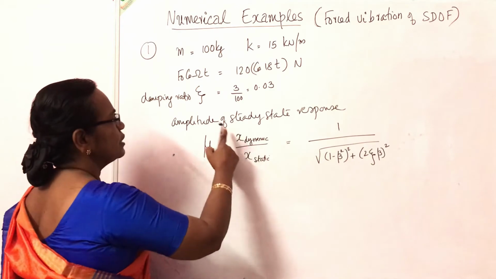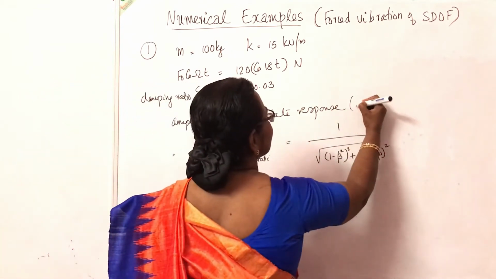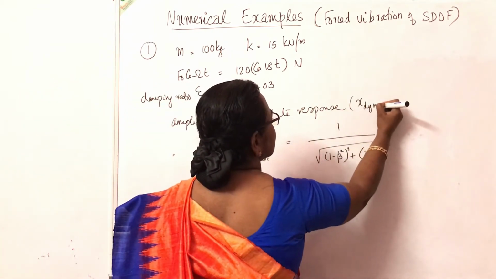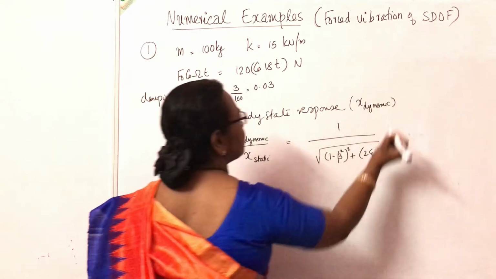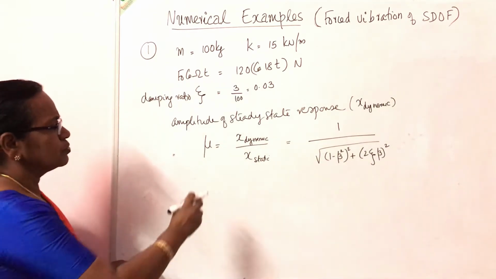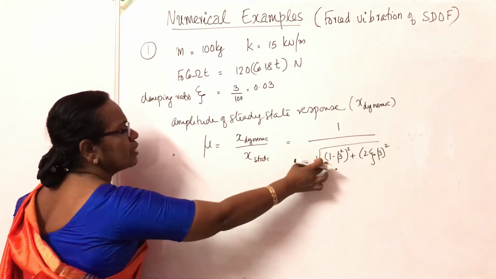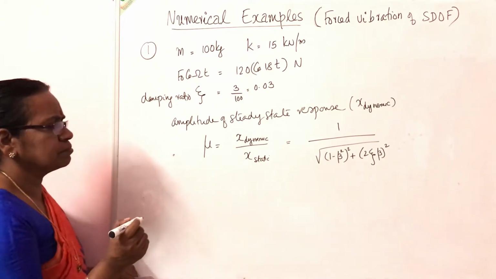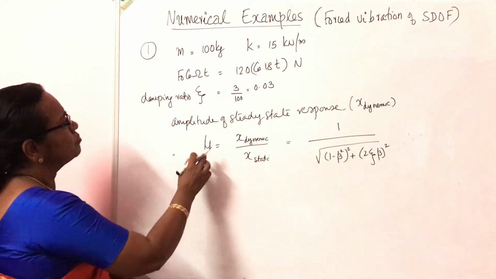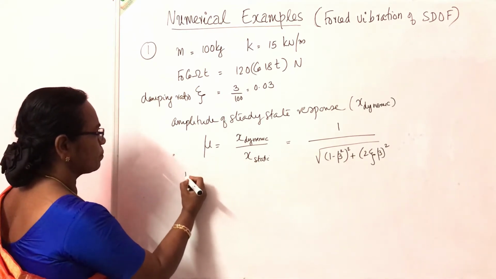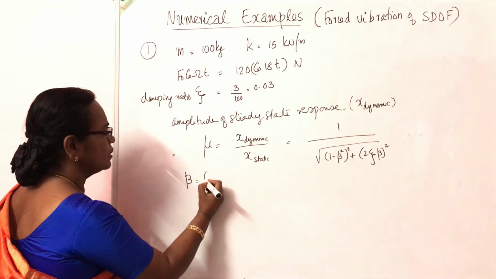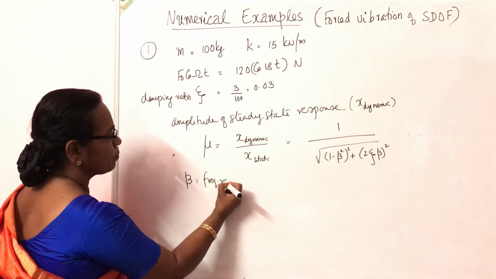Now, the steady state amplitude is nothing but the dynamic response. We have to calculate x dynamic, so that will be x static into mu. So, let us calculate this first. What is the magnification factor? For that, beta is nothing but the frequency ratio.